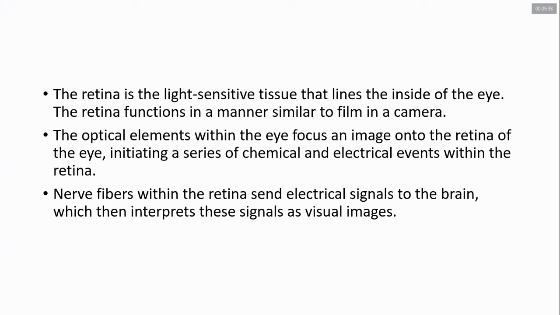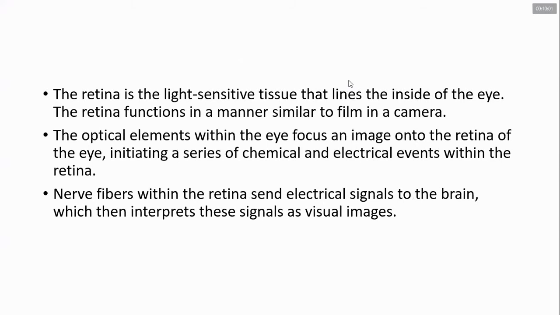The retina is a light sensitive tissue that lines the inside of the eye. We have different layers, and in the physiology section we will discuss this. The retina functions in a manner similar to the film of a camera.